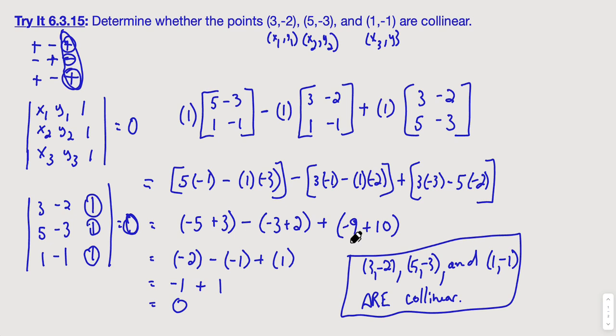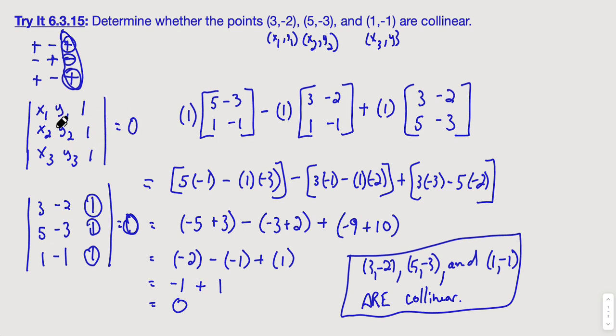So if we're asked if 3 points are collinear, we want to use determinants to determine if they are collinear points. We have to remember the order of the signs: plus, minus, plus, minus, plus, minus, plus, minus, plus for the rows. And then the form x1, y1, 1, x2, y2, 1, and x3, y3, 1, the determinant equals 0.